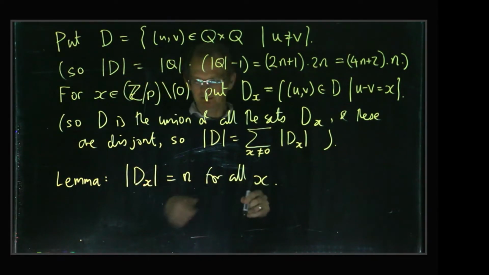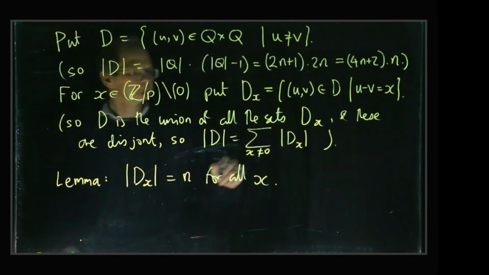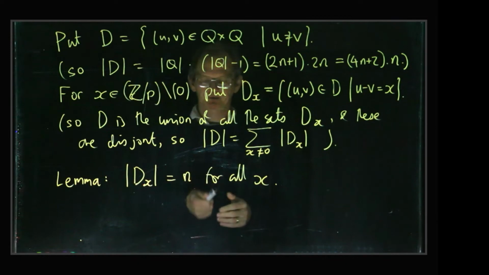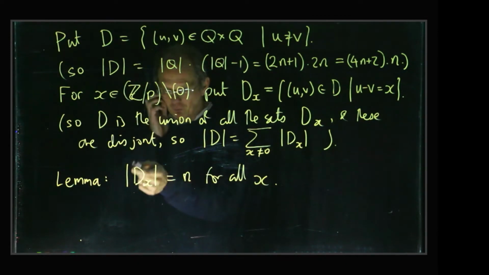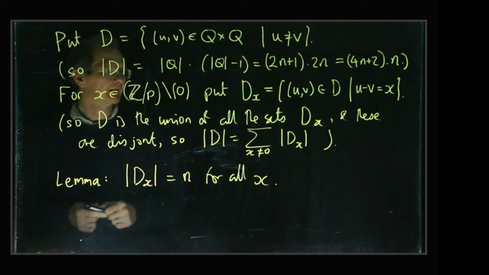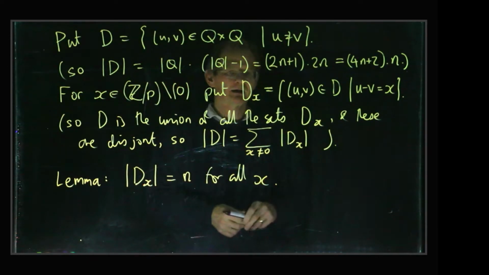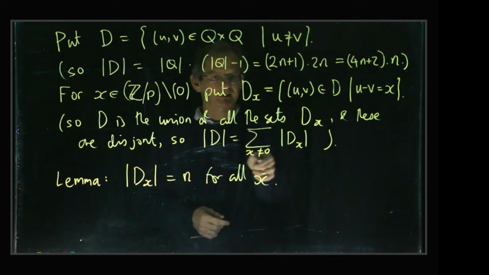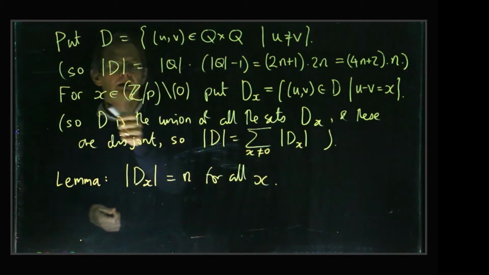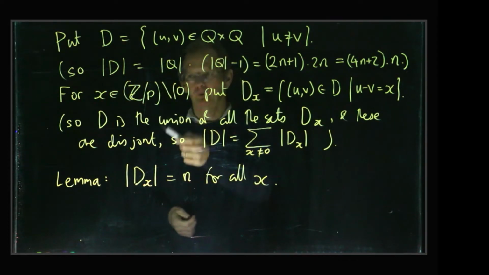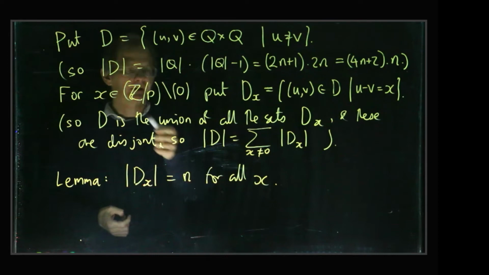Okay, so how are we going to prove this? Well, it's actually going to be enough to show that all the sets D_x have the same size, right? If they all have the same size, then in this sum, how many terms have you got? This is taking the sum over x not equal to 0 in Z mod p, so you get p minus 1 choices for x, but p was 4n plus 3, so p minus 1 is 4n plus 2.